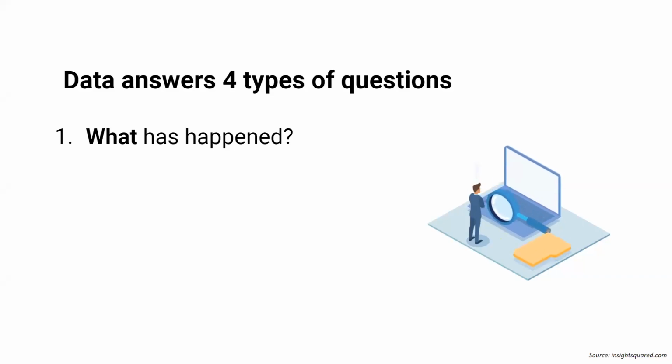So, for example, you can say that in this quarter you had 10% growth, or last month you got 50 sales, or you got 500 extra students signing up for this course.